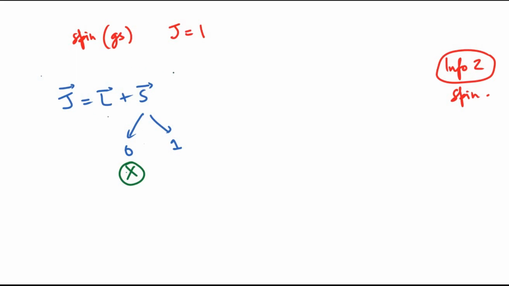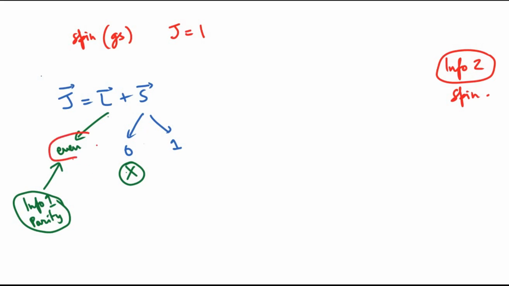Remember, L is even. We just got that information, info 1 on parity. So possible S values are 0 and 1, but S equal to 0 coupled with any even value will never give us J equal to 1. So this is not possible.